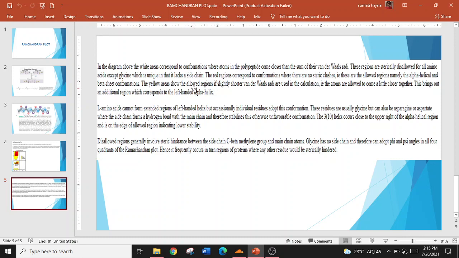The yellow areas show the allowed regions if slightly shorter van der Waals radii are used in calculation. That is, the atoms are allowed to come a little closer together. This brings out an additional region which corresponds to the left-handed alpha helix.